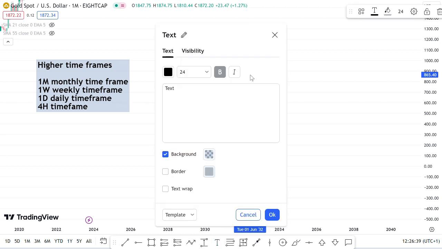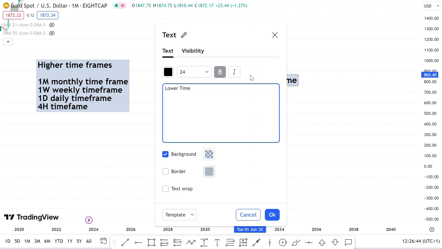Talking about the lower time frames, we have the 1 hour time frame, guys. Don't forget, I start with the 1 hour time frame. Then we'll go to the 30 minutes time frame.